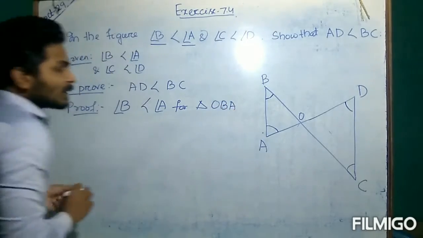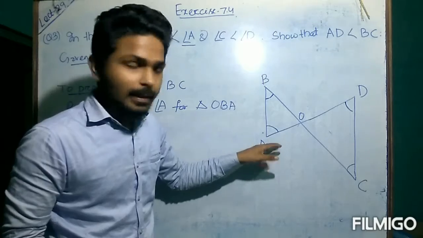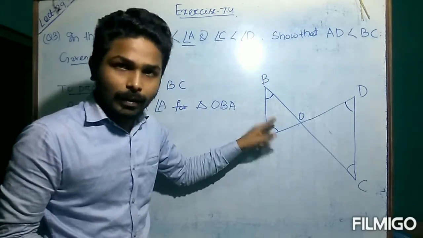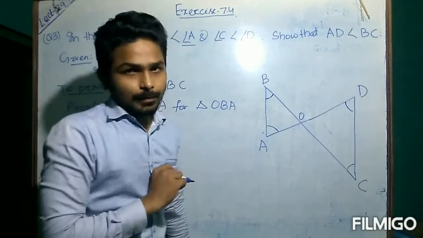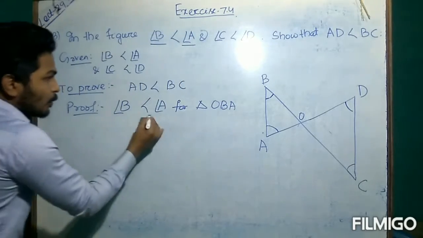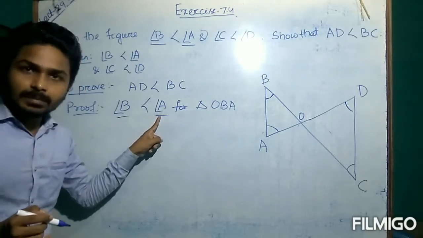Then according to theorem number 7.7, we know that if in a triangle any two angles are unequal, then the side opposite to the larger angle is longer. Which one is the larger angle, angle A or angle B? Definitely angle A is larger.